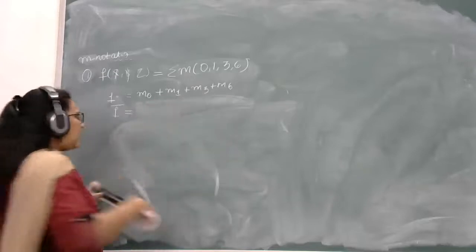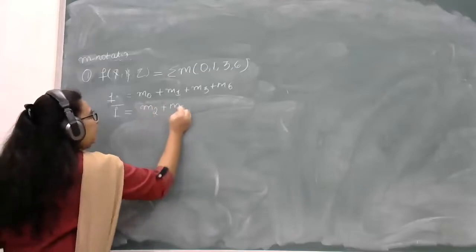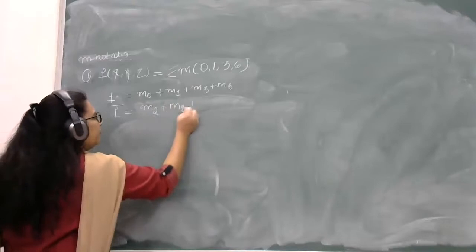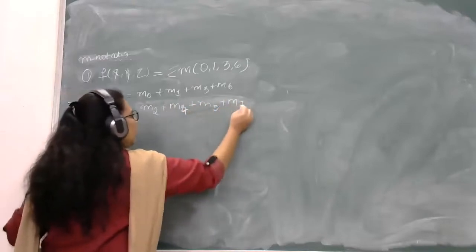So it is m2 plus m4 plus m5 plus m7. This is my complement function.